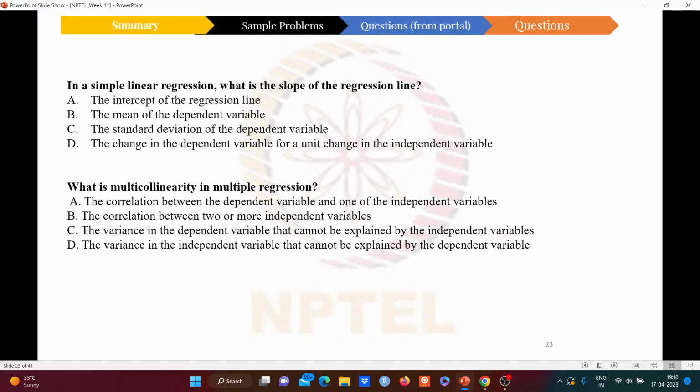Now moving forward to two more simple ones. In a simple linear regression, what is the slope of a regression line? What does the slope tell?